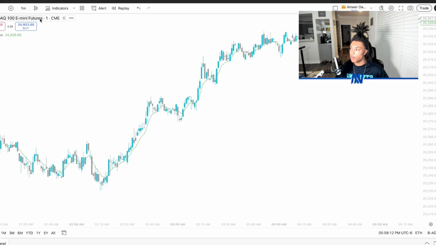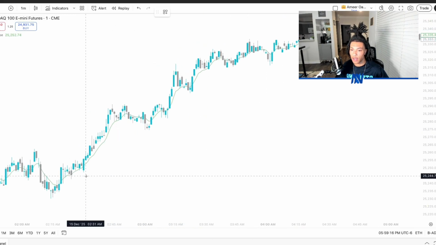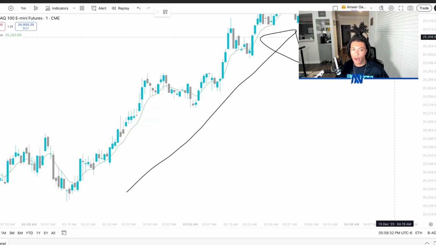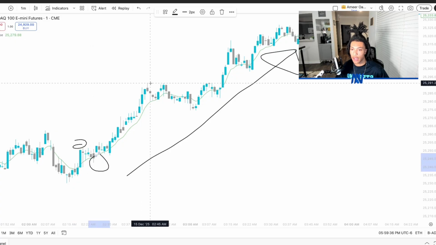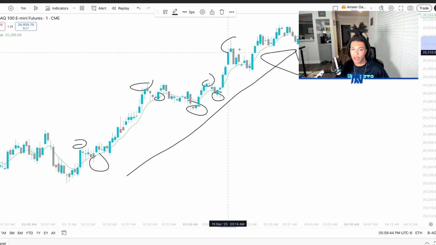We're on the 1 minute. Since we see that price is going to the upside and we see that higher highs and higher lows are being formed over this 8 EMA. So we have higher high, higher low, higher high, higher low. We had a break through the 8 EMA here, but still came back over. Another break here, but still came back over.